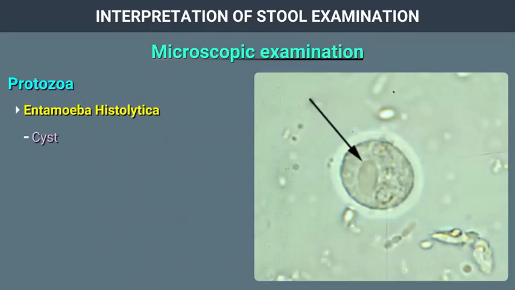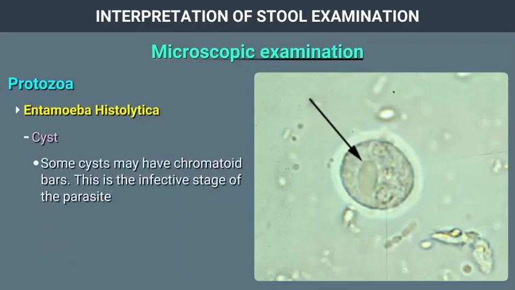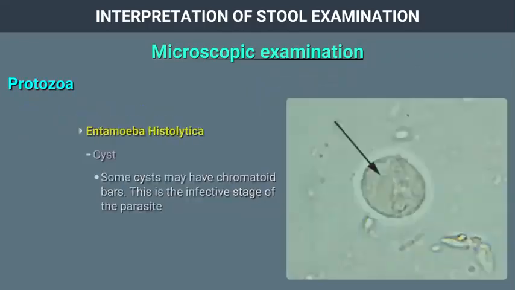Cyst is spherical, measures 10 to 20 micron. It is a mature cyst with 4 nuclei with a compact centrally located karyosome. The chromatin is delicate. Some cysts may have chromatoid bars. This is the infective stage of the parasite.